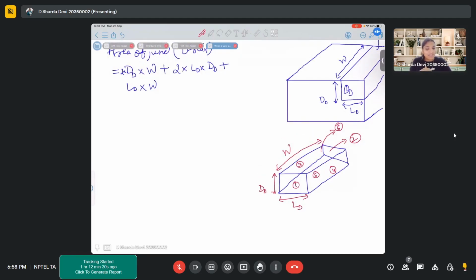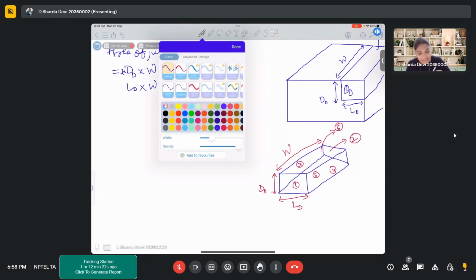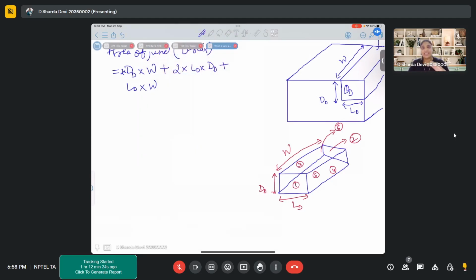What about the top surface? Will there be any junction capacitance or any junction forming at the top? Face 6. Yes, will there be any junction at face 6? What do you think?